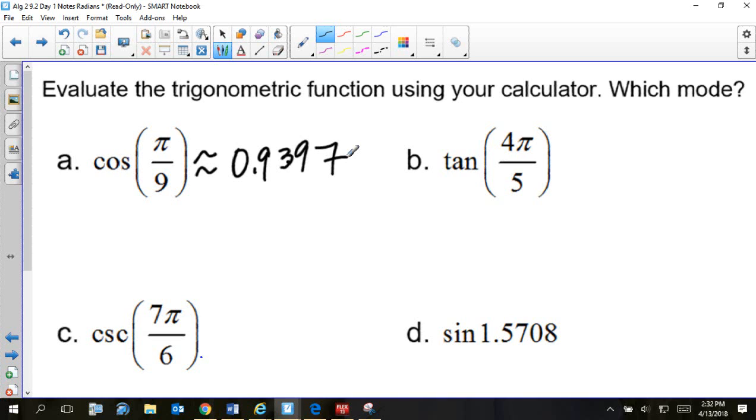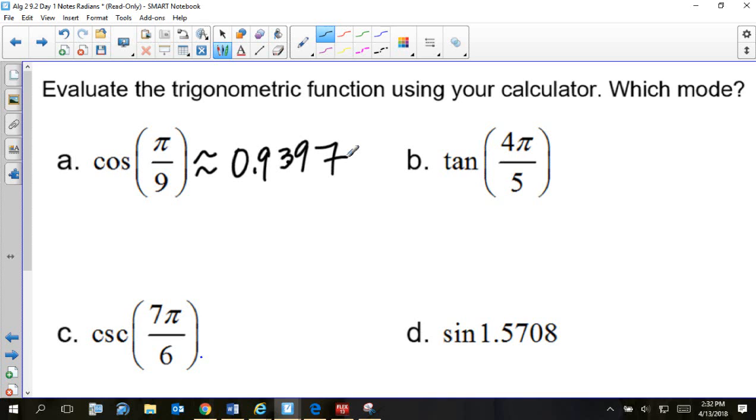Did you change your mode? That's a degree. Maybe you forgot to hit enter. Alright, tangent of pi over 5. Try it. We're showing all 4 of these. Make sure you know how to put in your calculator correctly and get the right answer.